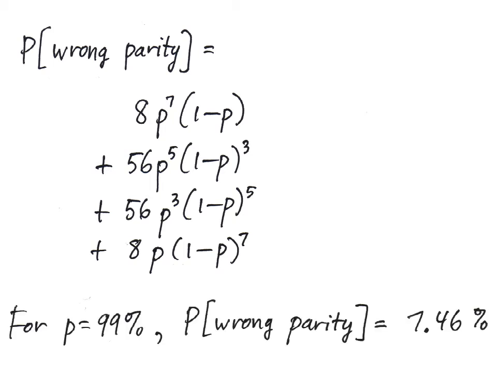So for example, with the single bit probability of correct reception being 99%, the probability that our calculated parity does not match the received parity bit will be 7.46%.